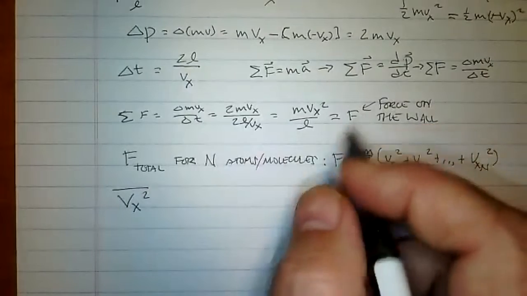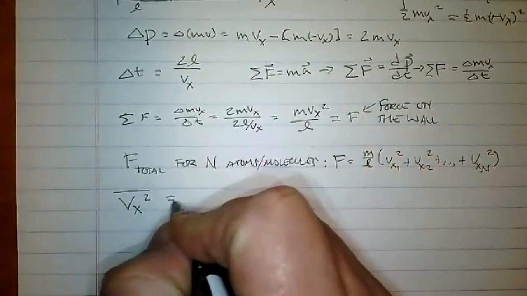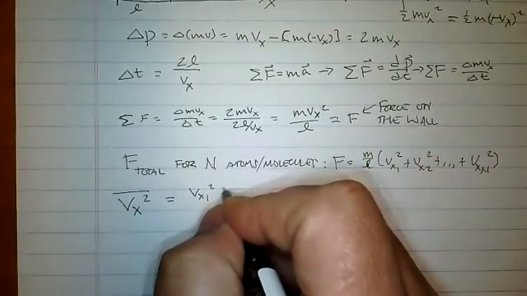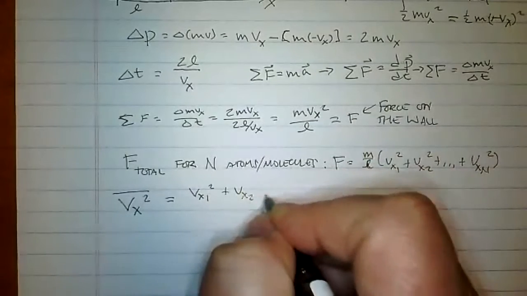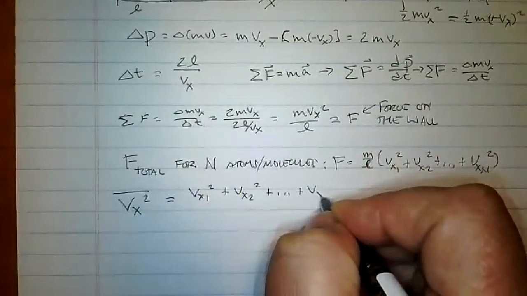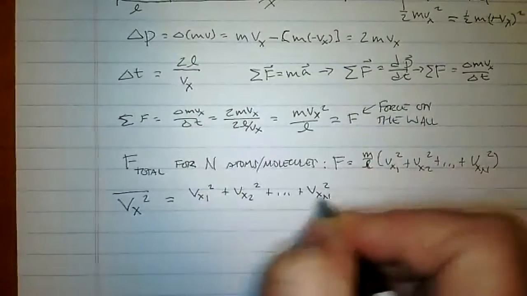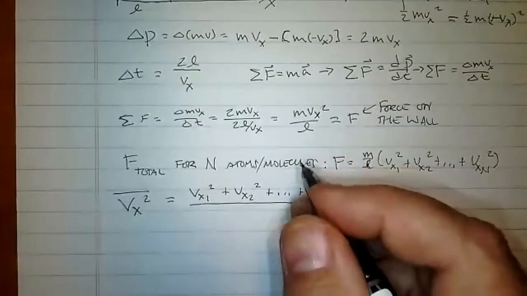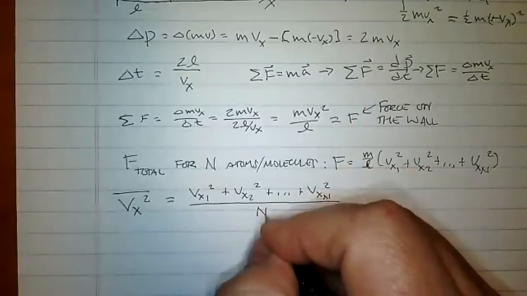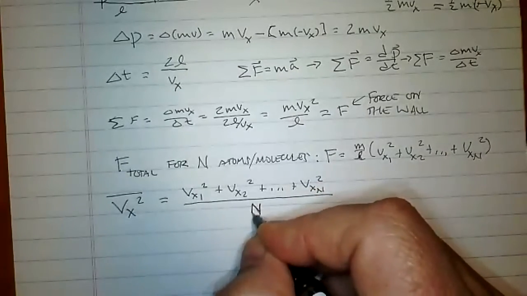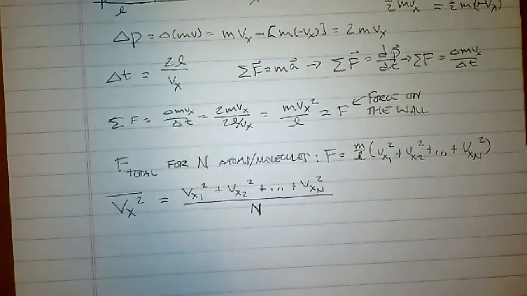So the average of the squares of the velocities would be Vx1 squared plus Vx2 squared plus ... plus Vxn squared, so that's all N particles. Then I divide by N, and now I have the average of the squares of the velocity.